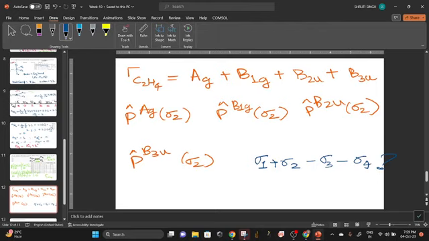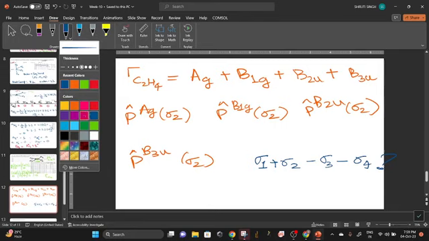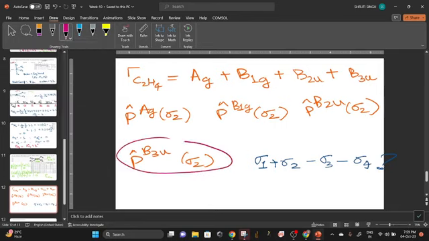Let me tell you the answer, otherwise you will have to do it 4 times to check. The correct method is to start with all 4 and see which one is matching, but otherwise it will be a very lengthy explanation. So the correct answer is B3u.